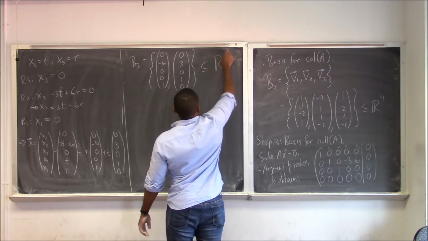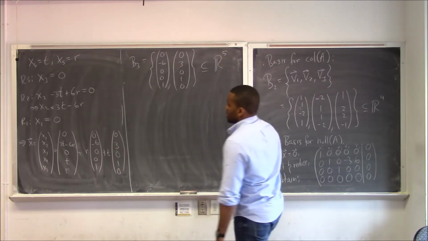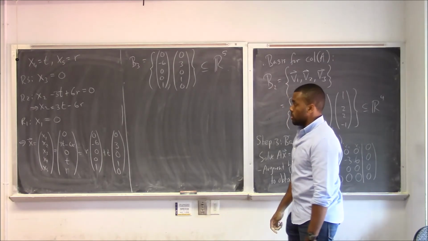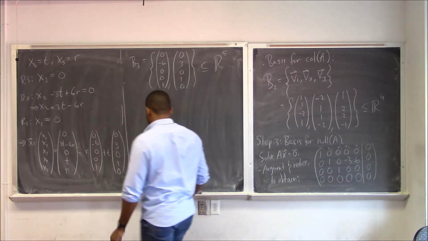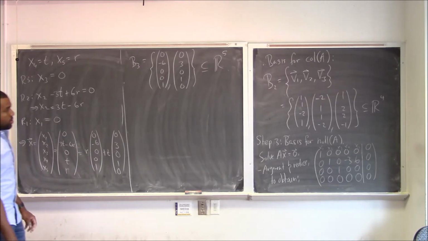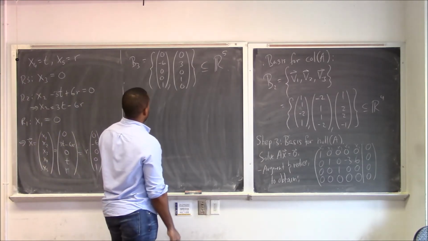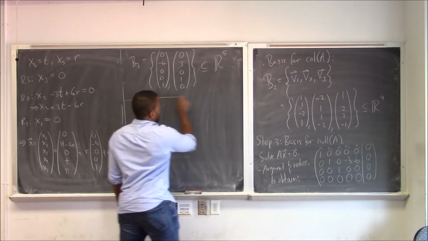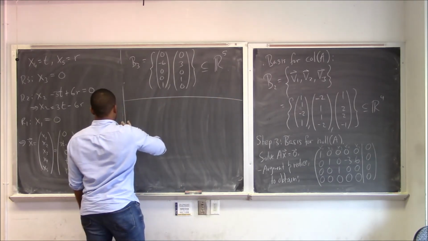They are a subspace of R5, so they of course live in your domain space here, because we're talking about the solution space. Think of where the x's come from. That would be the basis for the null space.